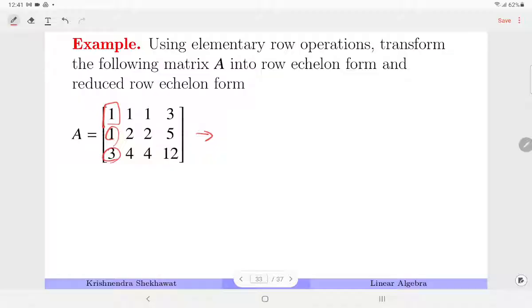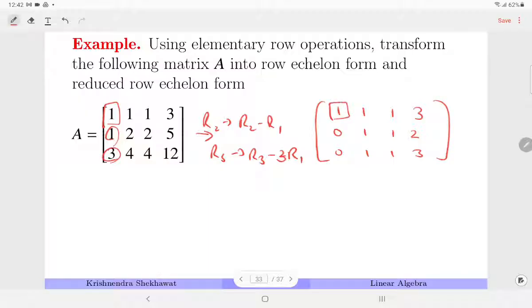So I have to make these two entries 0, which can easily be done by applying R2 to R2 minus R1 and R3 to R3 minus 3R1.